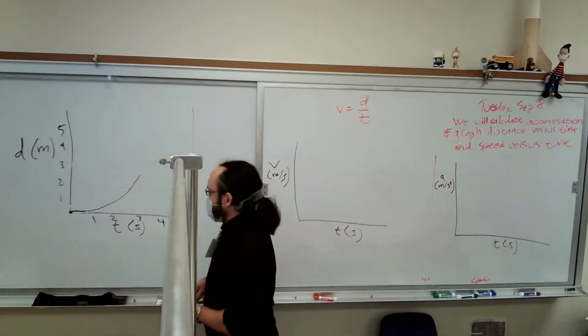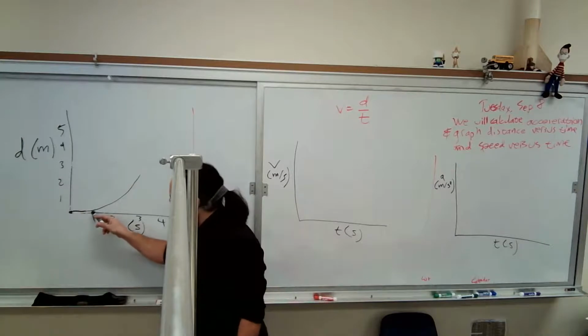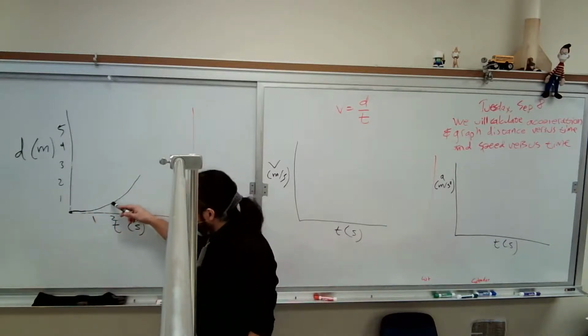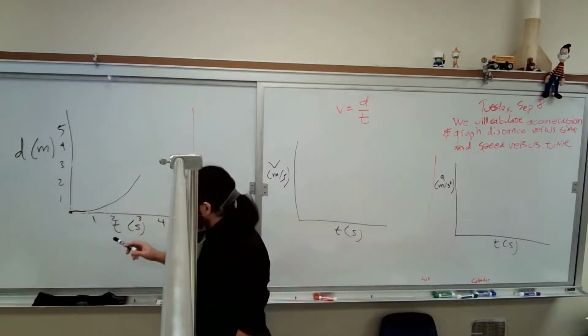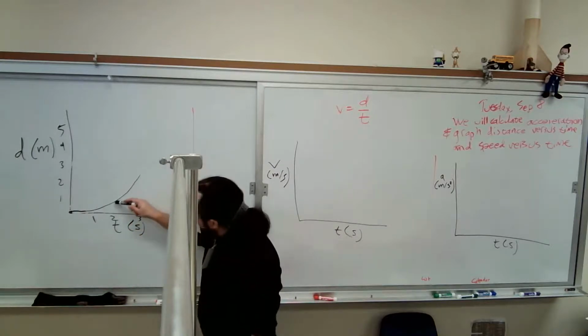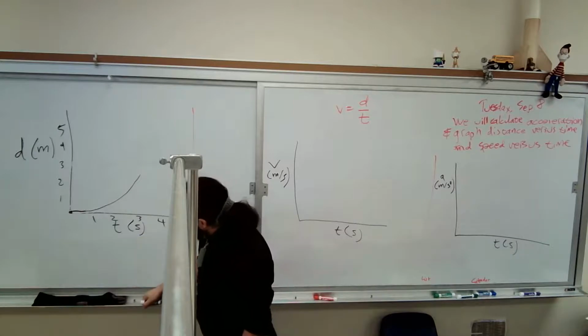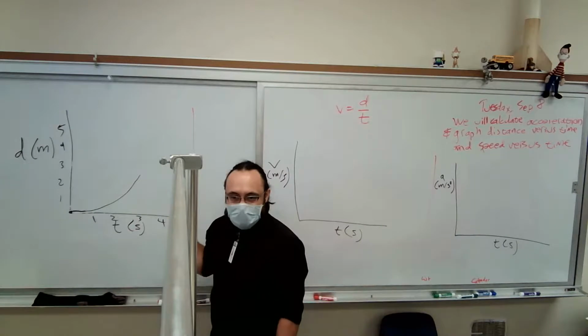This is what our marble looked like, because after the first second, it hadn't gone very far because it's still going slow. After the next second, it sped up. It had gone all the way to 1 meter in the rest of that second. And in between 2 and 3 seconds, it went a whole meter. You'll see how this shows it speeding up.